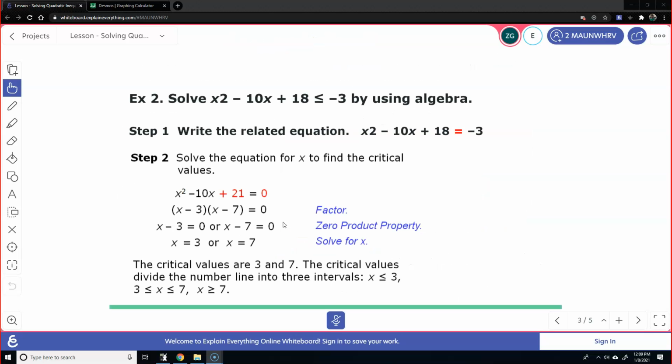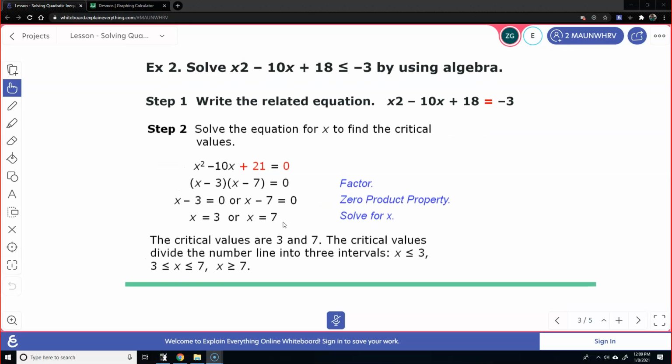The next example, I'm going to show you step by step how to solve this algebraically. So we have: solve x squared minus 10x plus 18 is less than or equal to -3.